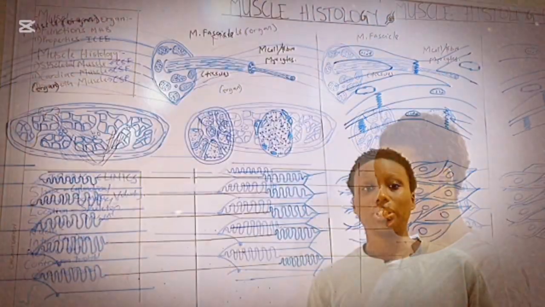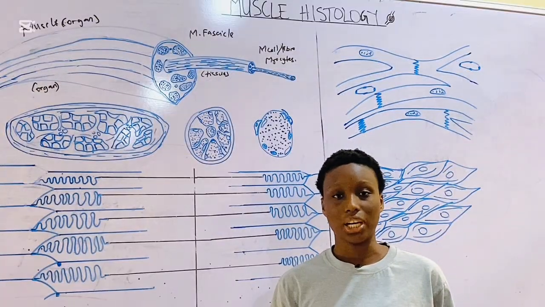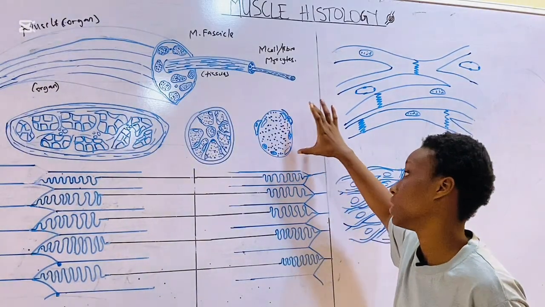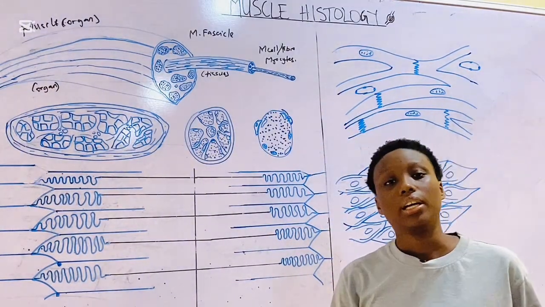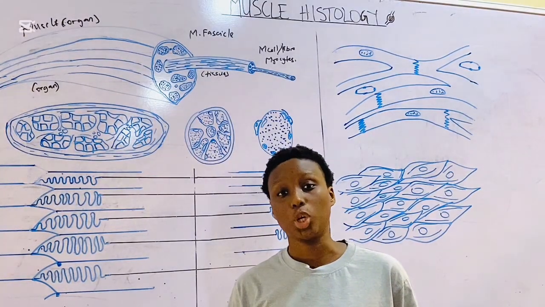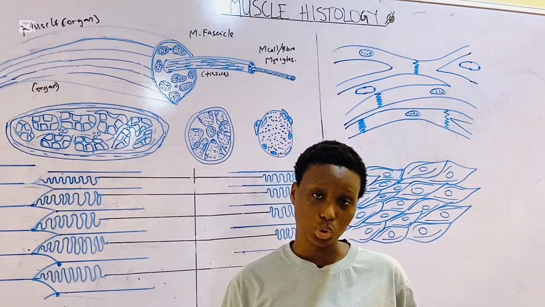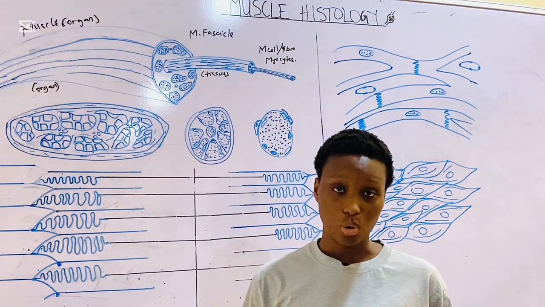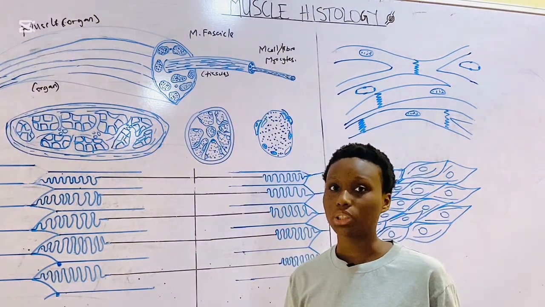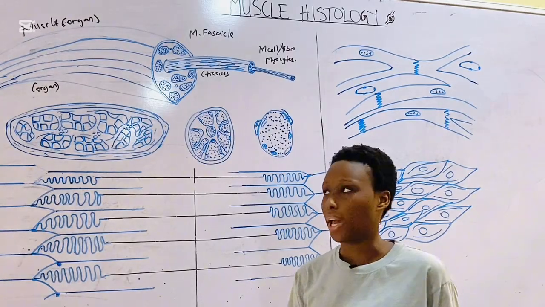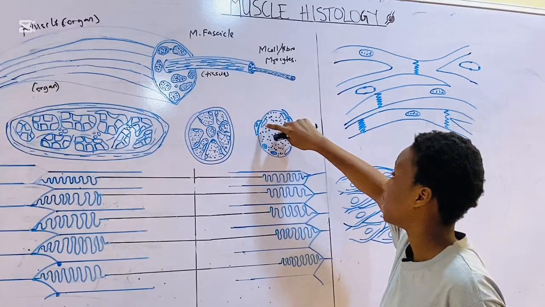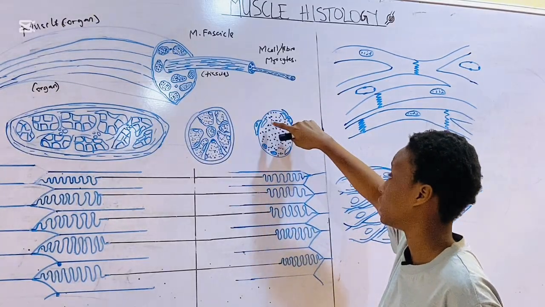Nuclei. For this next characteristic, which is the nuclei of our muscle fiber, we're going to be focusing on this diagram. An elementary cell, as you all remember, has just one nucleus. But the muscle fiber of our skeletal muscle has multiple, many nuclei. This is one nucleus, this is another nucleus, this is another nucleus.